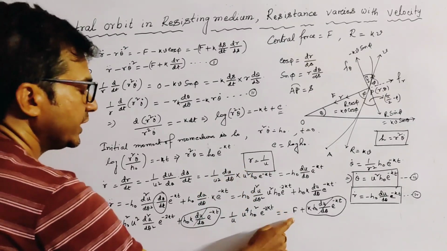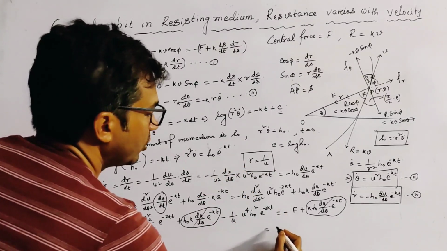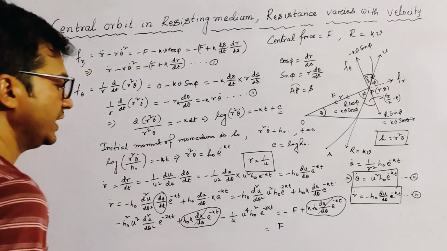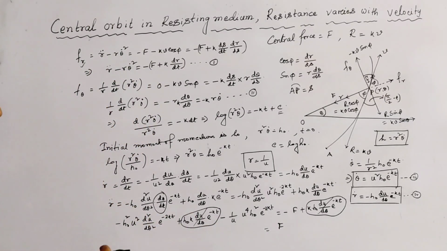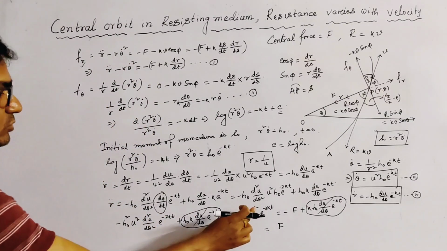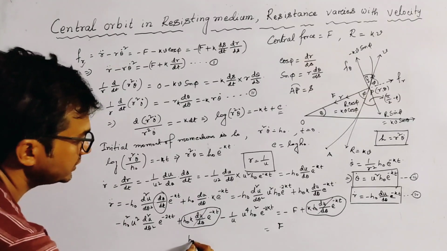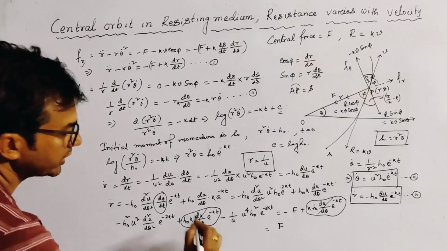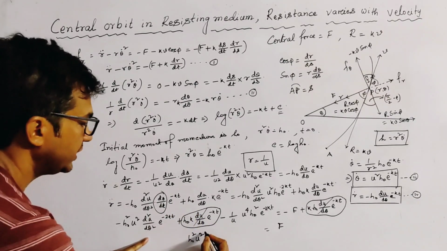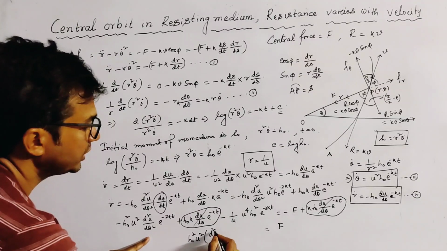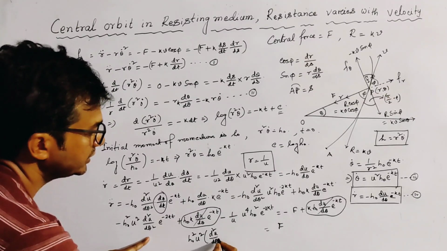So on the right side there will be only f, and on the left side we take common h₀² and u², with d²u/dθ².